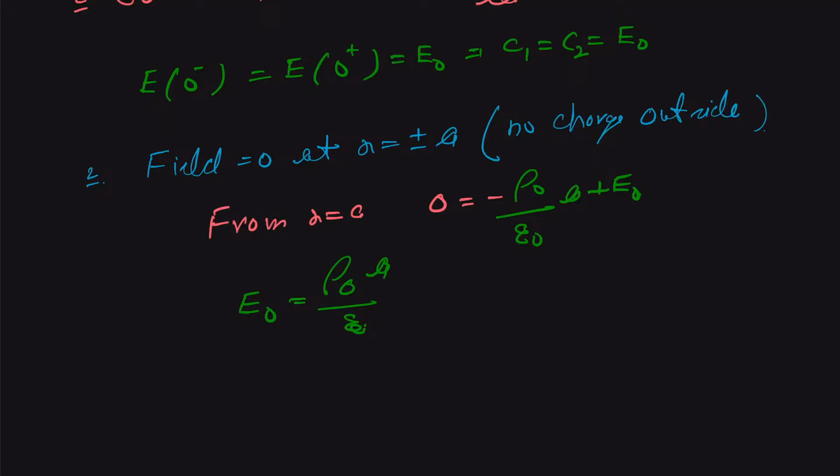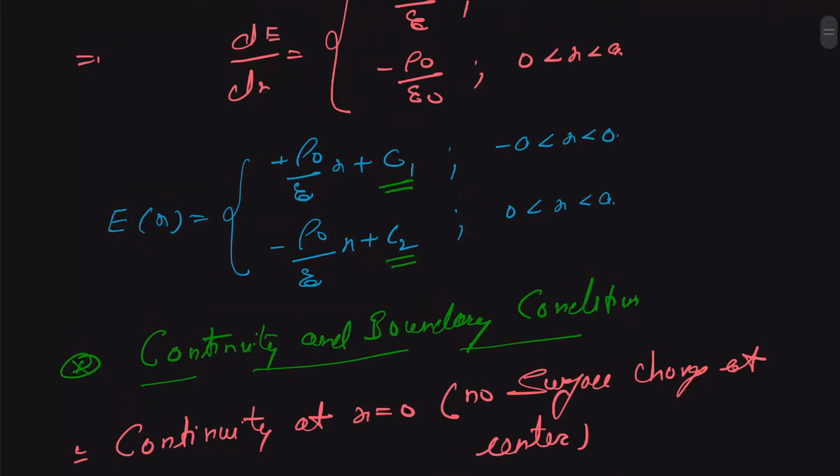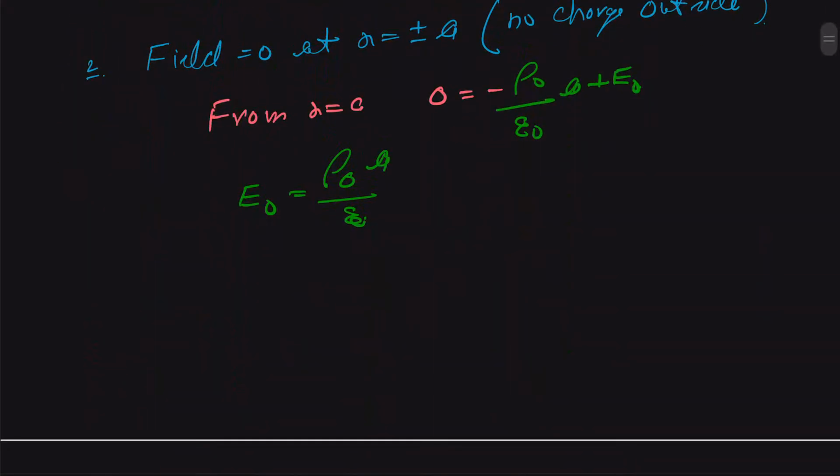Therefore, we substitute here in this equation and we get that our electric field in x direction is going to have three values.